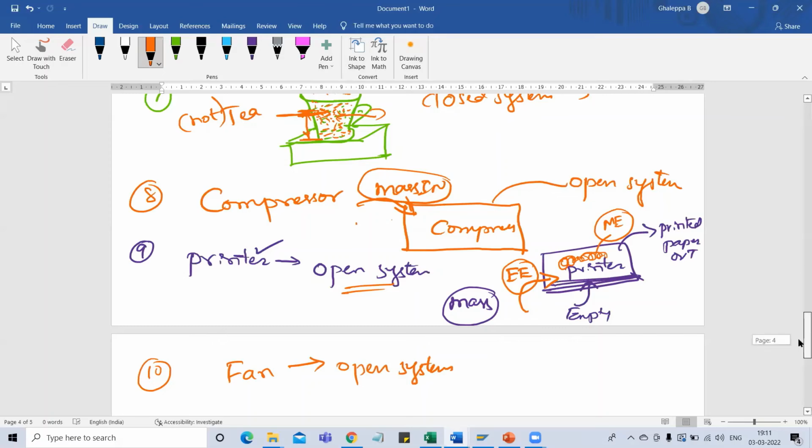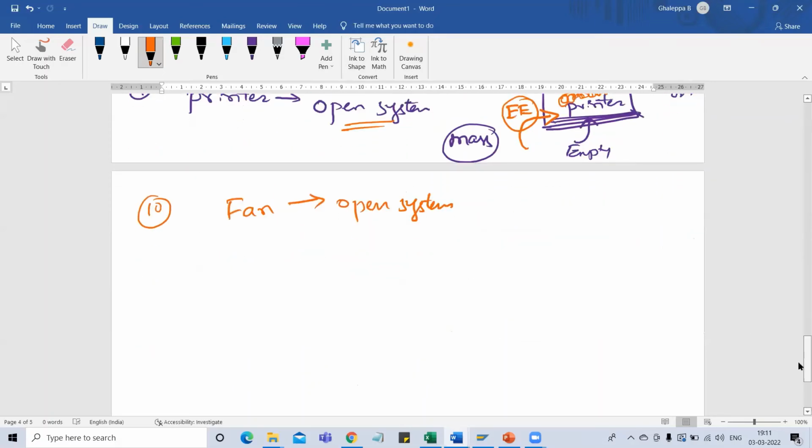Now you tell me refrigerator. AC or refrigerator. Last example. Refrigerator, fridge. Or air conditioner. Open or closed? Open, sir. Why is it open? Sir, because it absorbs.